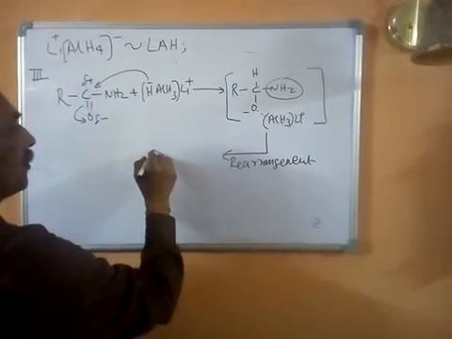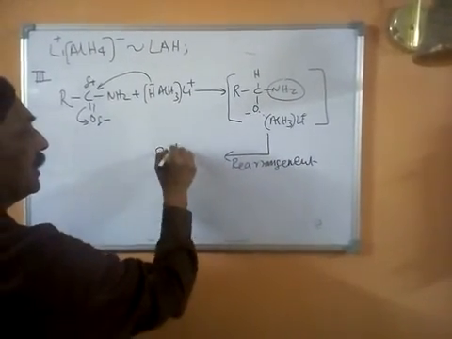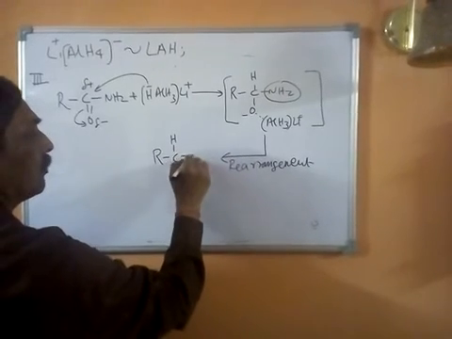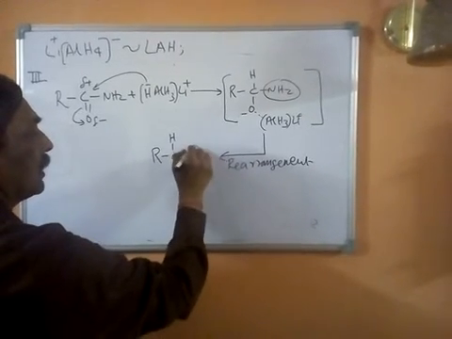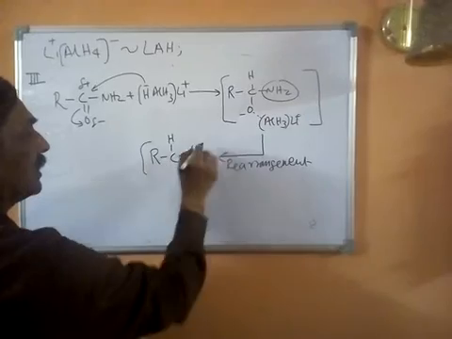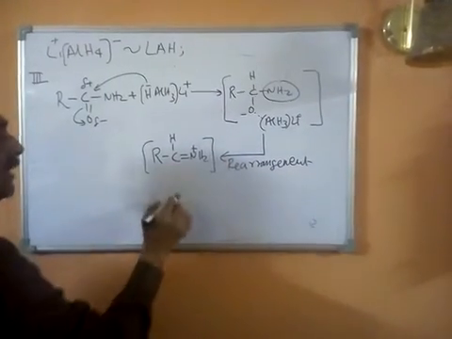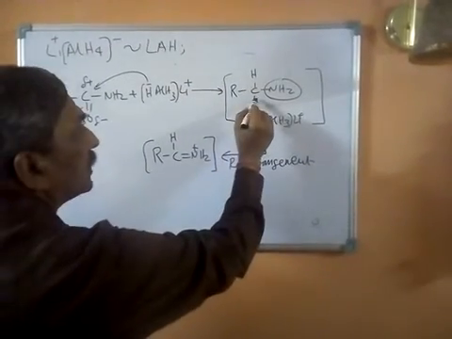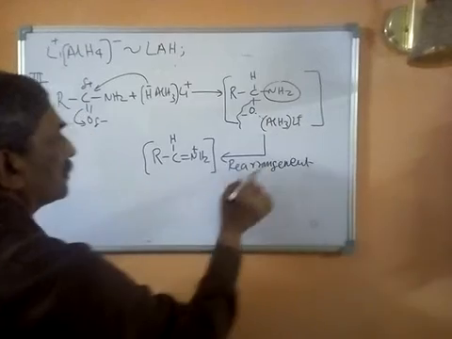We end up forming RCH=NH2+ as an intermediate, and this part is lost.